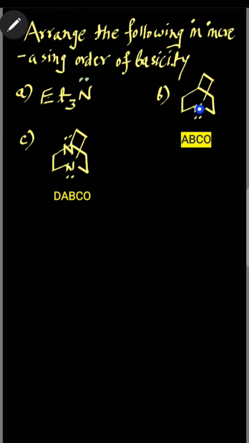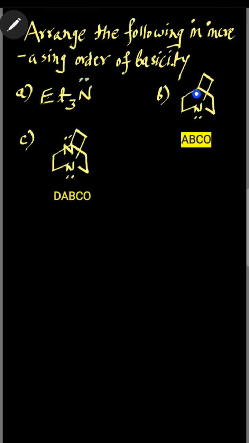This is the first factor, and this is not the only factor. The most important factor is that this nitrogen is quite readily available for the electron deficient compound. An electron deficient compound can very easily reach this particular nitrogen to accept the electron pair. Why?